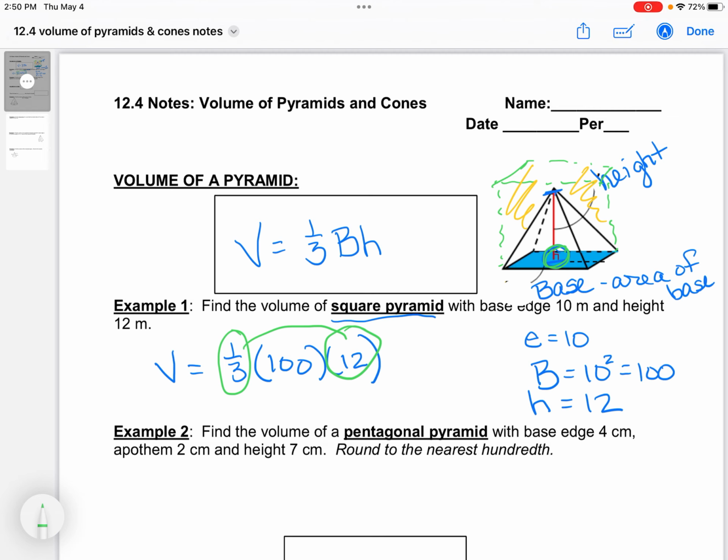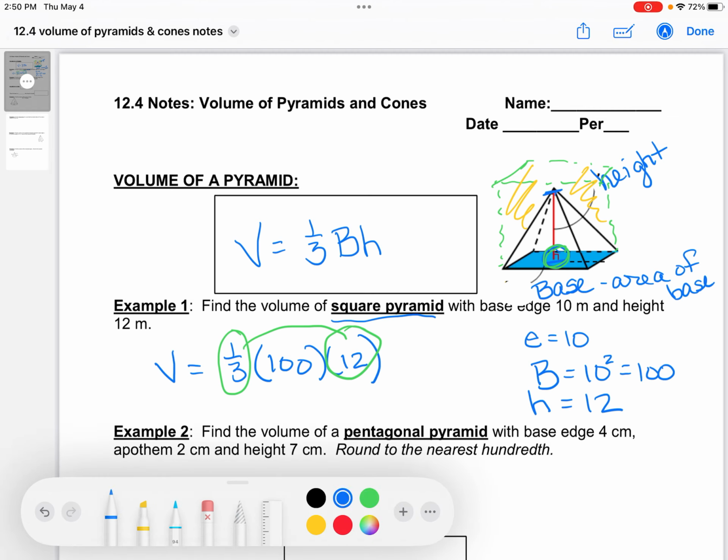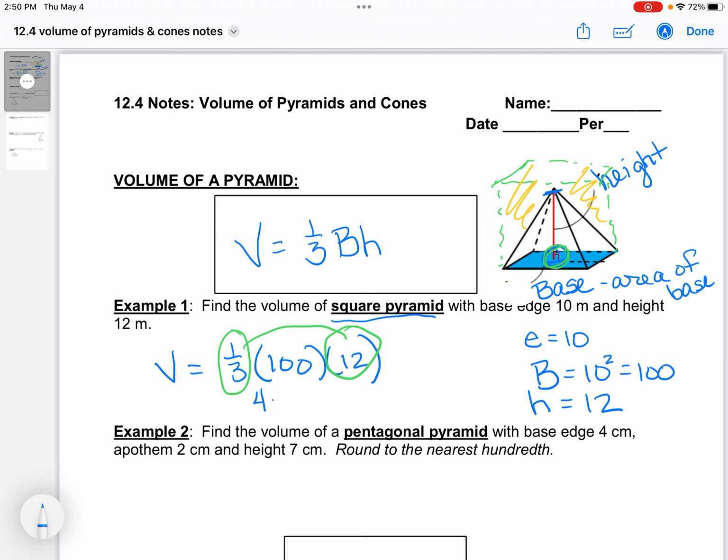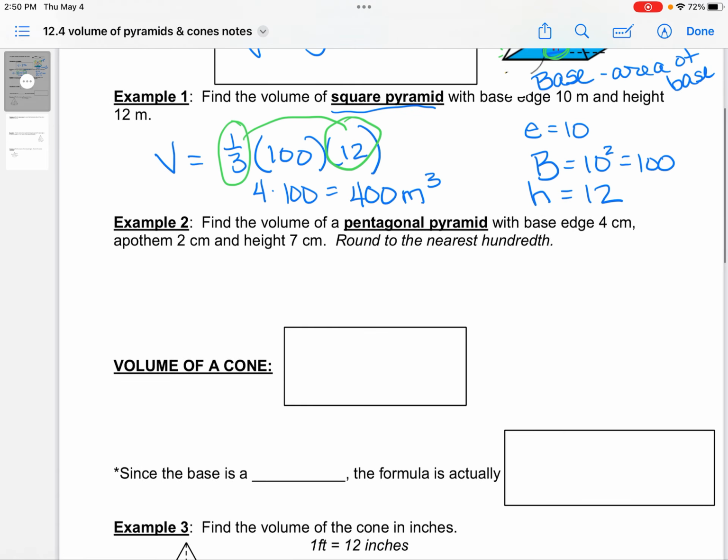I know it drives y'all crazy, but I'm going to go ahead and multiply 1/3 and 12, because I know 1/3 of 12 is 4. So it's really going to be 4 times 100, which equals 400 meters cubed.